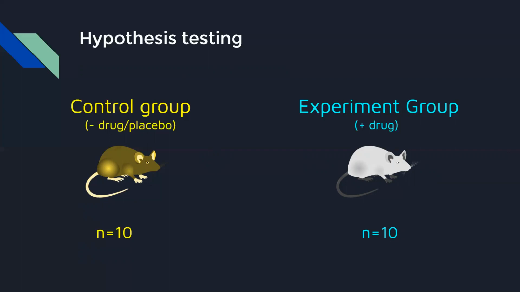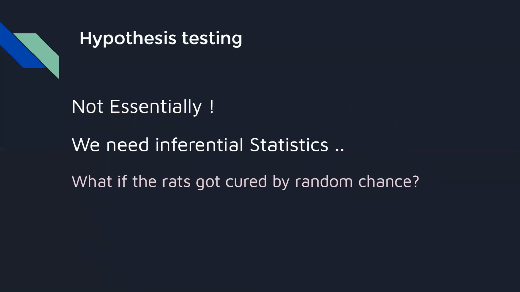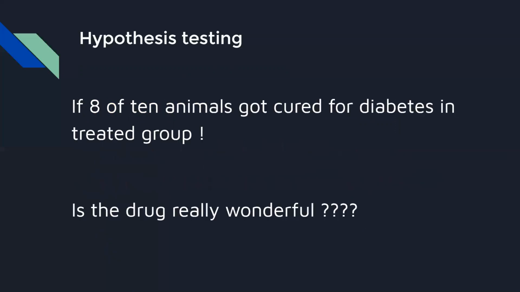Now if the result appeared like this, 8 out of 10 animals were cured, and their glucose level was in the normal range.